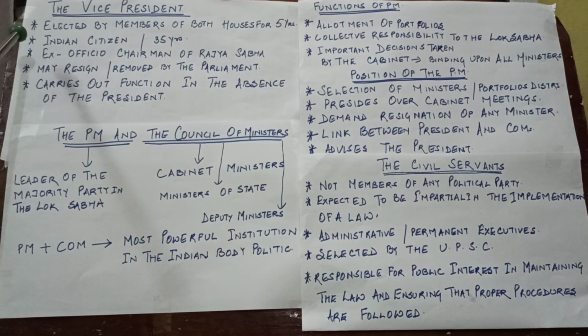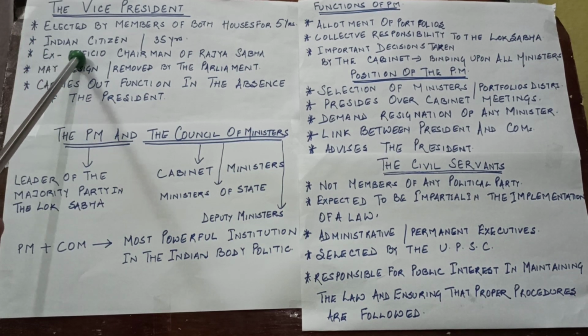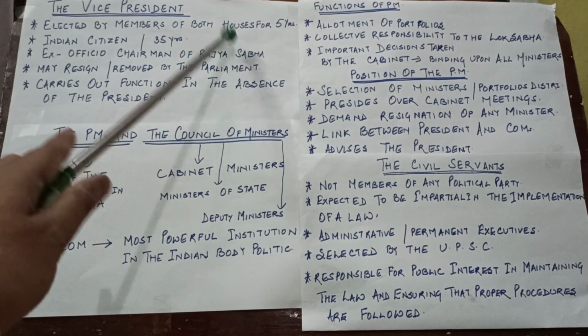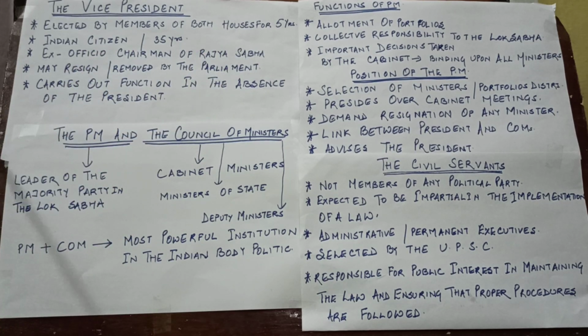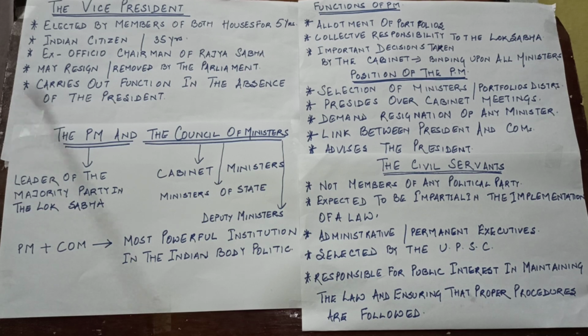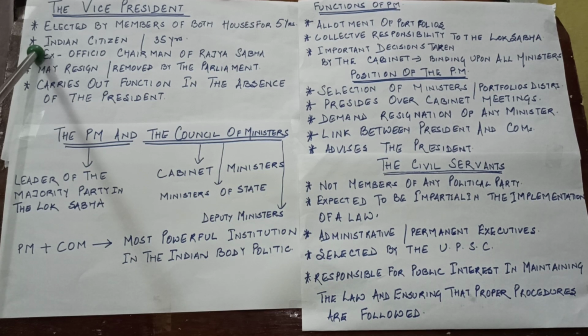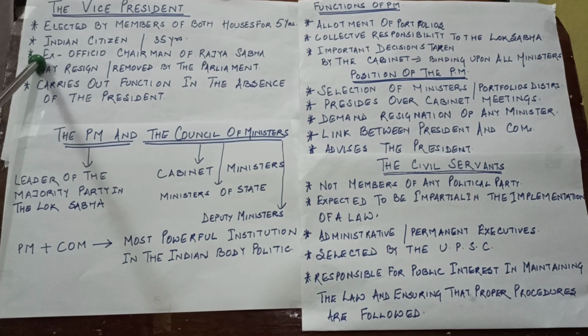After being elected as the vice president, he also discharges his duty as the ex officio chairman of the Rajya Sabha. He presides over the meetings and also regulates debates and proceedings of the House.